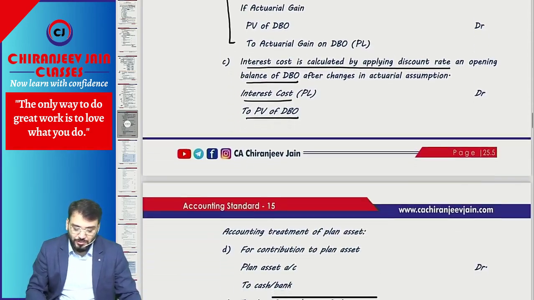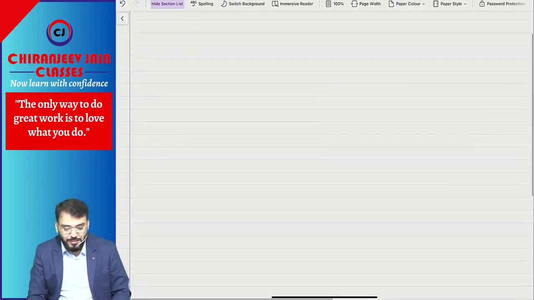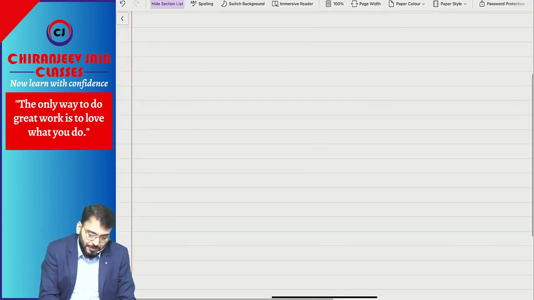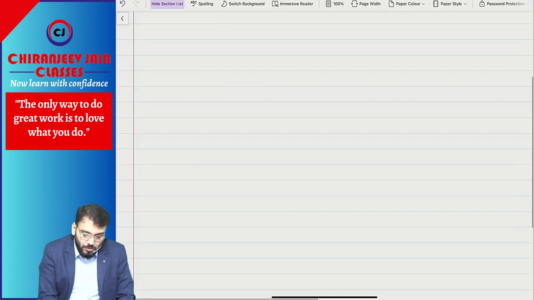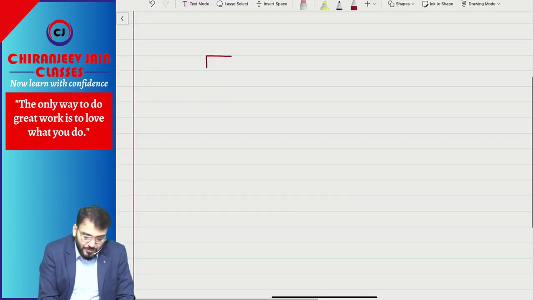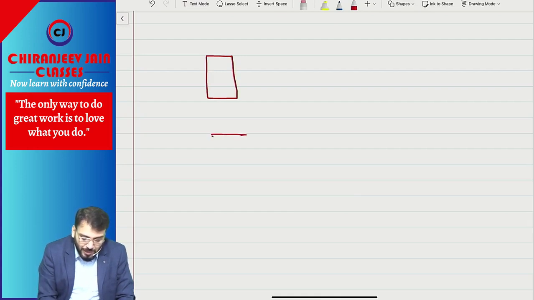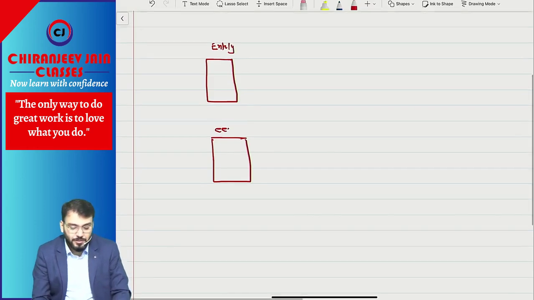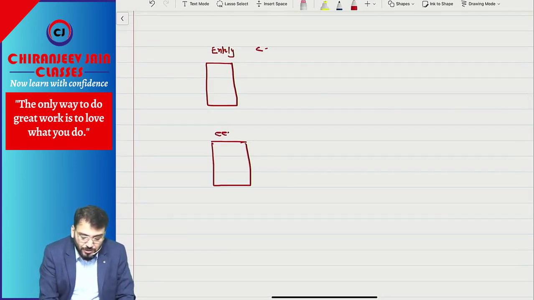If you have understood this much, I need to explain some other point. Now just try to understand, everyone. Now we have understood current service cost. Now in this also there are two parties, entity and employee. Correct. Now suppose there is a current service cost.